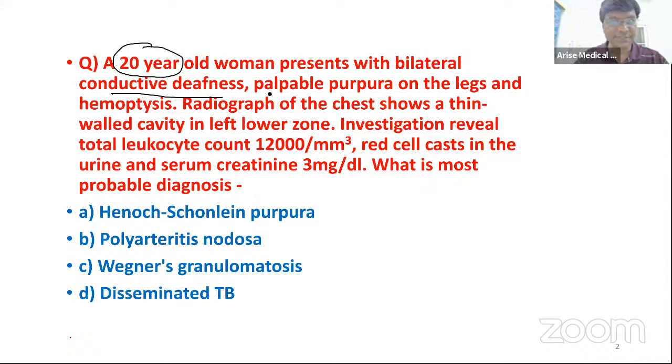Bilateral conductive deafness, palpable purpura on the legs, and radiograph showing the presence of a thin-walled cavity, and investigations reveal total leukocyte count of 12,000 per cubic millimeter and creatinine of 3 milligrams per deciliter. So now you see what are the important structures which are affected.